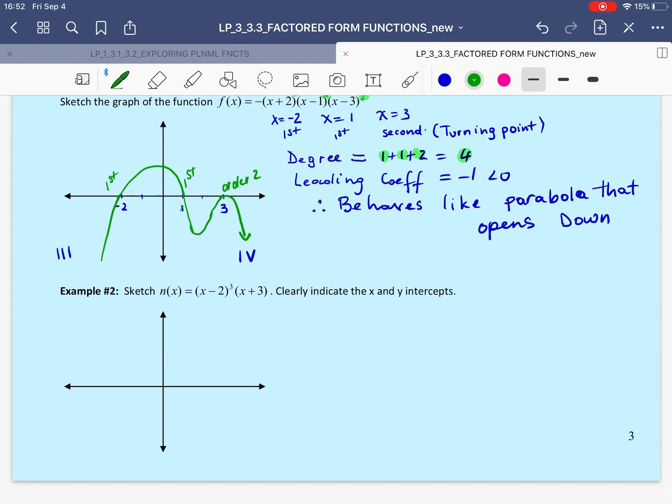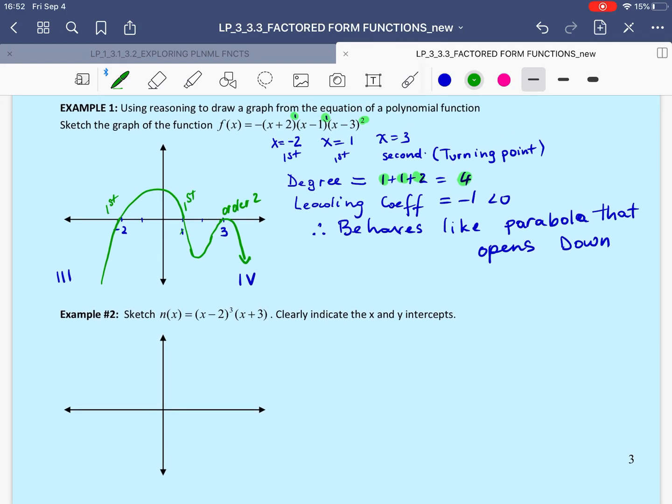Gosh. So the next example is for you to practice. I will go over it, but you can pause the video and try it on your own. So again, the x-intercepts are at x equals 2. That's a third order. And x equals negative 3. That's a first order. The degree of this function is 3 plus 1, which makes it a fourth degree function.